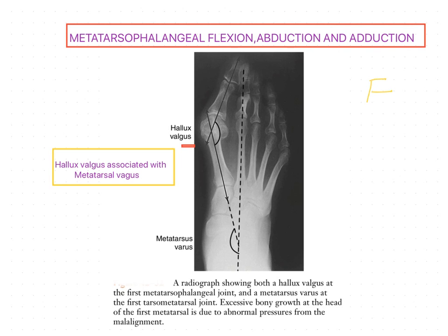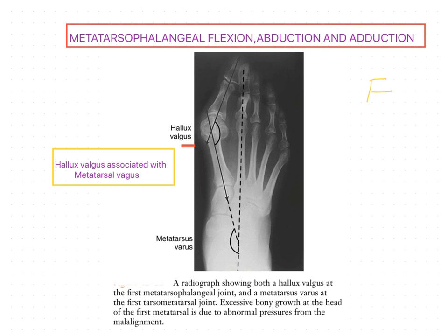And then most metatarsophalangeal flexion occurs as a return to neutral position from extension. So how can we see this flexion? Whenever extension at the metatarsophalangeal joints occurs and it again comes back to its neutral position.